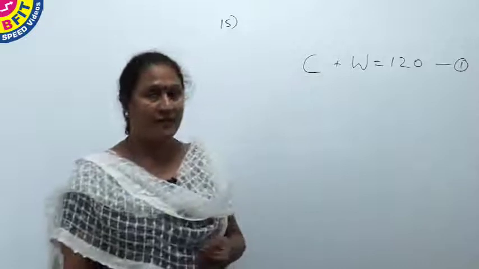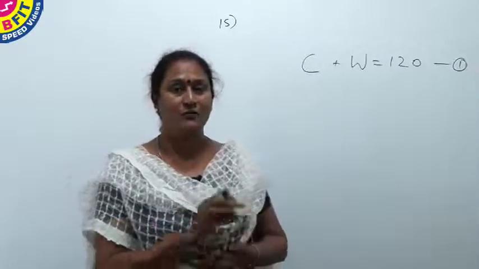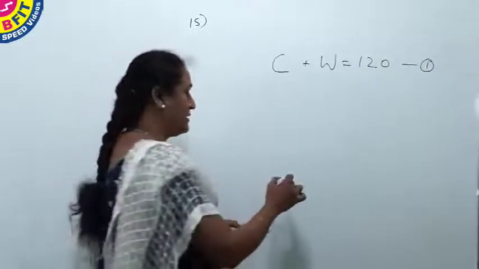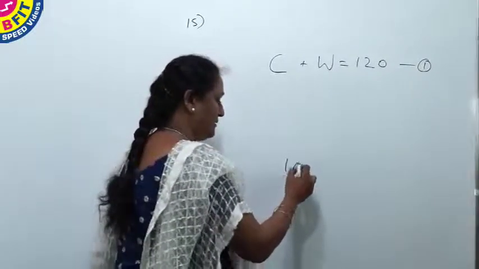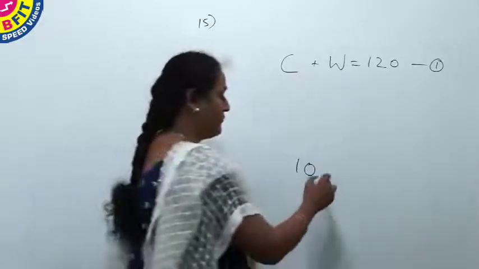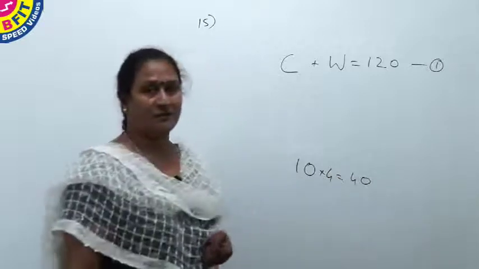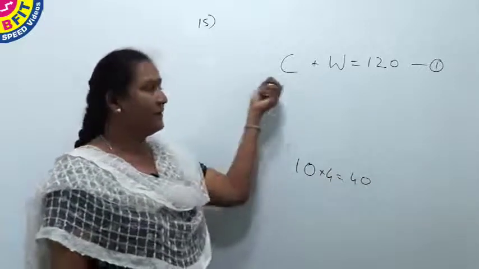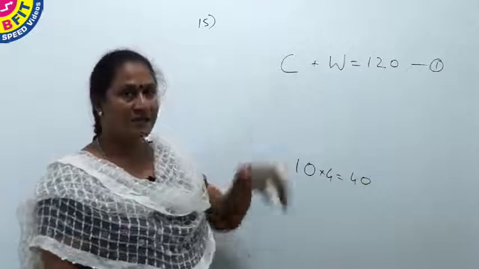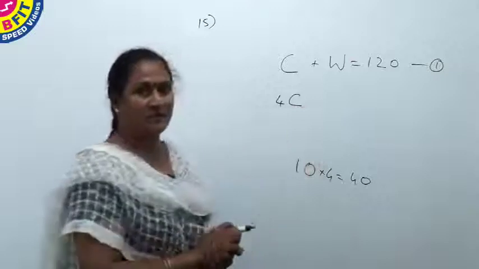So for every correct answer, he will get 4 marks, and for every wrong answer, he will lose 1 mark. Suppose in attended questions, 10 answers were correct, so for each question 4 marks, he will get 40 marks. As C answers were correct, he will get 4C marks.